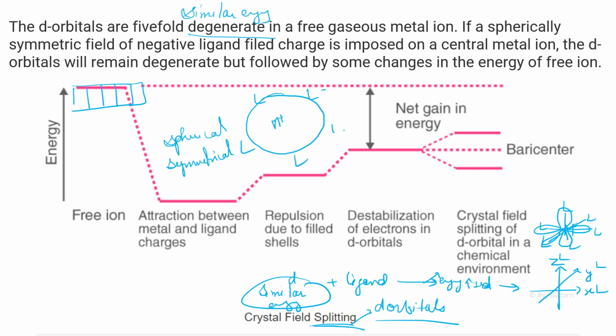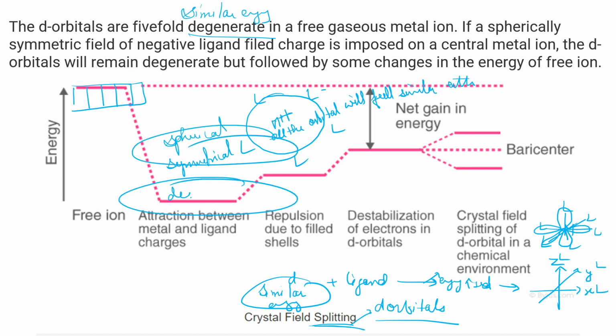All the orbitals will feel similar attraction, because metal is positive charge and ligand is negative charge. That will cause a decay in energy. The d orbitals will remain degenerate but with some change in the energy of the free ion.